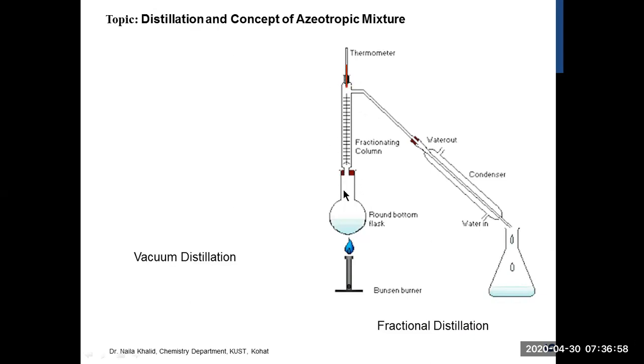This is specialized for mixtures in which there are multiple components, all different from each other in their boiling points. The fractionating column is designed to separate each component, each fraction. That is why it is known as fractional distillation.